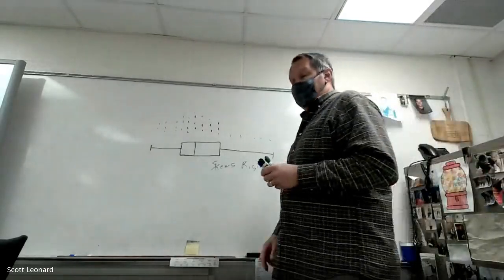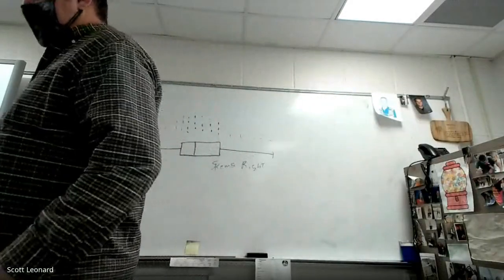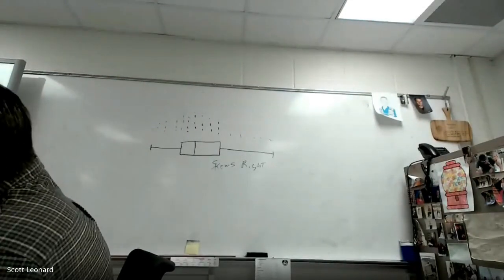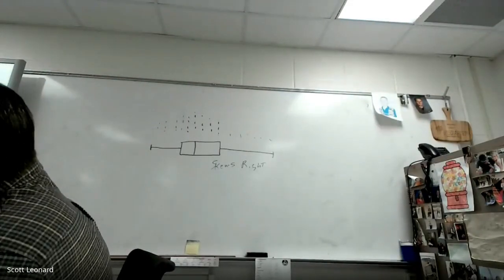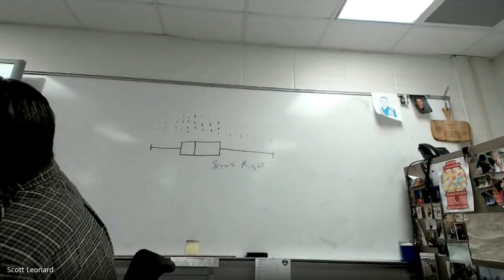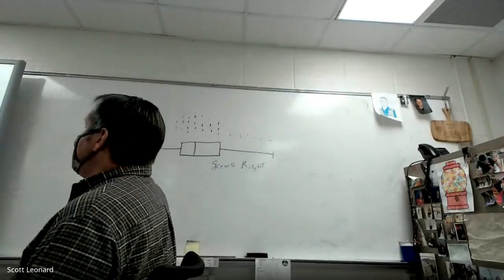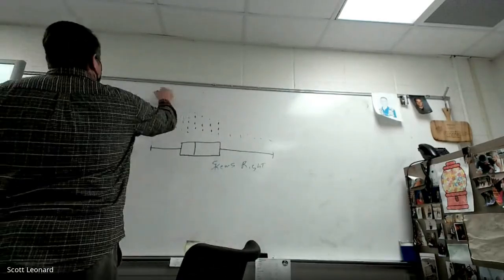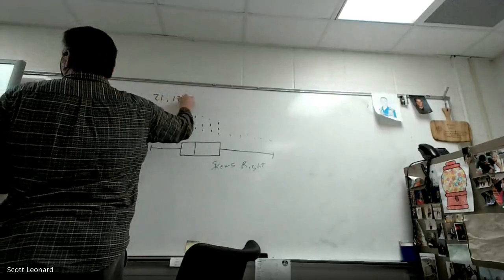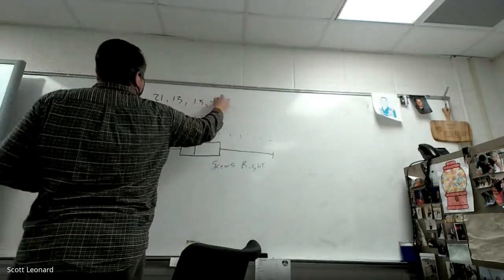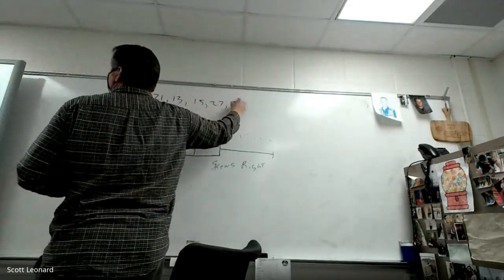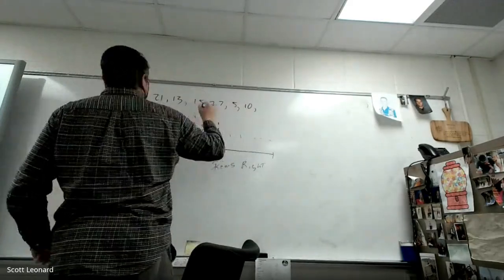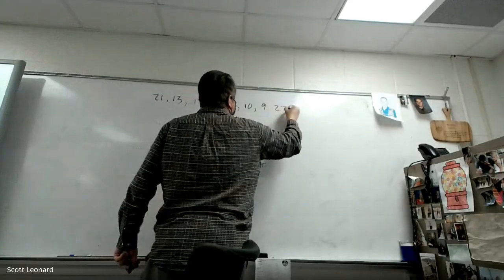All right, we're gonna move on. Today's lesson is gonna go a lot quicker than yesterday's. I'm gonna give you the data. So we're in example 1 today. Here's the numbers: 21, 13, 15, 27, 5, 10, 9, 27, 19.